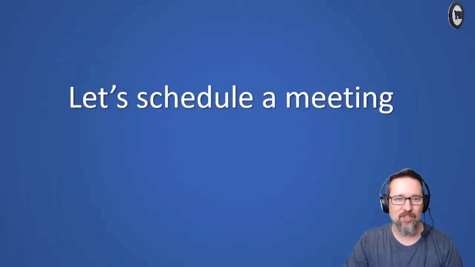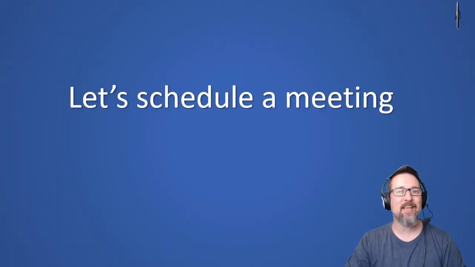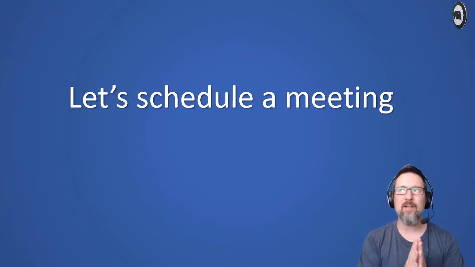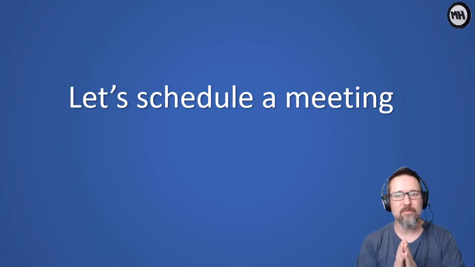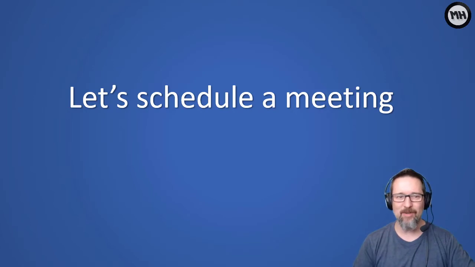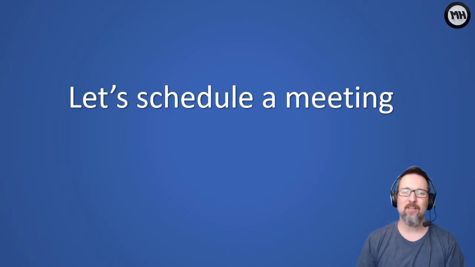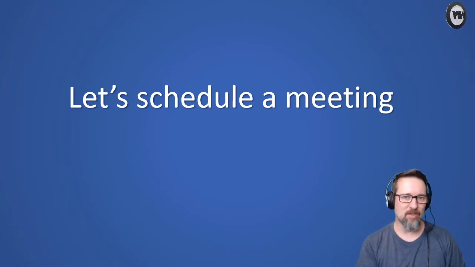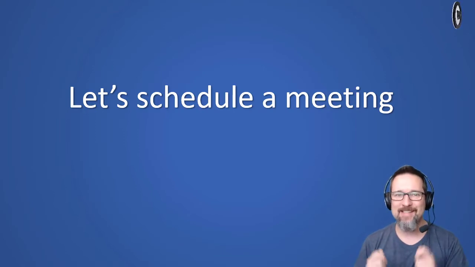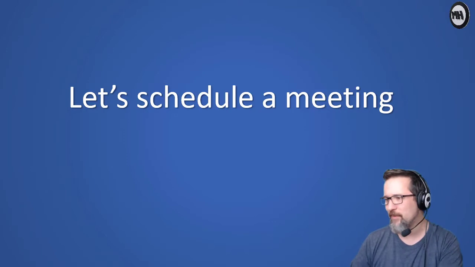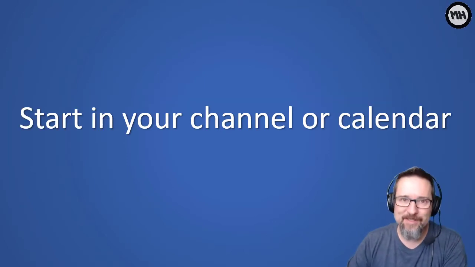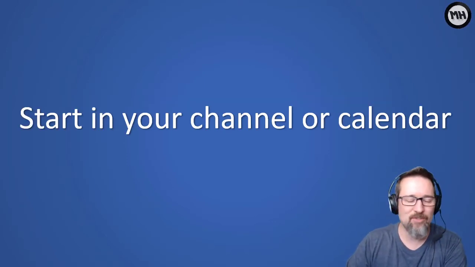Anyway, let's start a meeting. So we're going to schedule a meeting. This is where it's important to decide how you're going to do this as a teacher. You either schedule your meetings, or you start your meetings right away. I'm going to schedule the meeting. You can start in your channel or straight in your calendar.